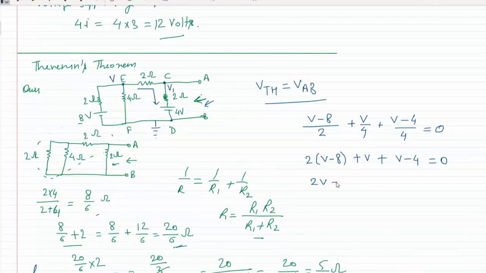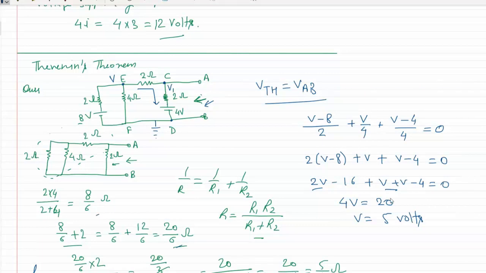So 2V minus 16 plus V plus V minus 4 is equal to 0. So 2V plus 2V is 4V, equal to 20. So V is equal to 5 volts.